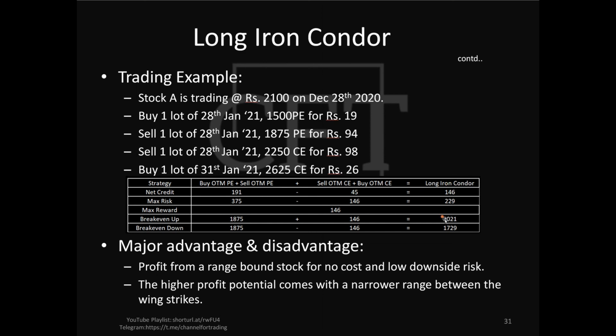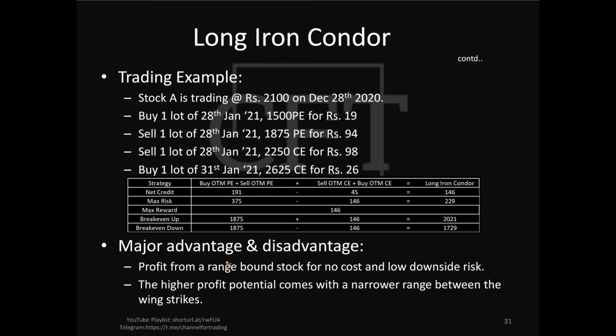You can see the calculation based on that. The last point is the major advantage and disadvantage. This has the same advantage and disadvantage as the long iron butterfly, so I'm not repeating it, but I'm quoting a different one here, applicable for both.